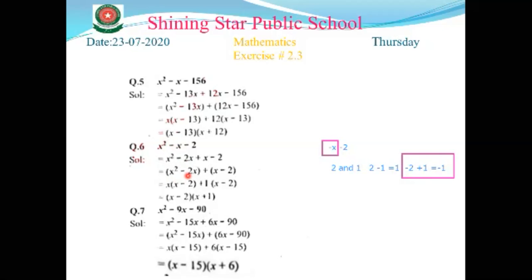Now in next step, compare the first two terms and next two terms. Now take the common x from the first two terms. So x minus 2. From next two terms, we only take common 1 because in this bracket we have x minus 2. So in this bracket we must have x minus 2. So we already have x minus 2. So we take the common 1.